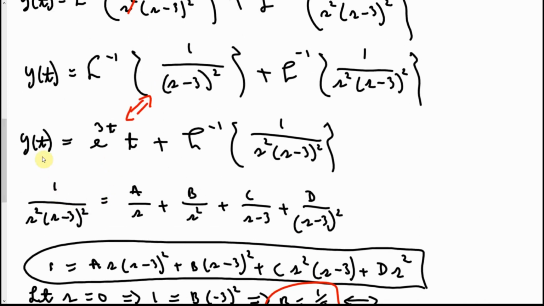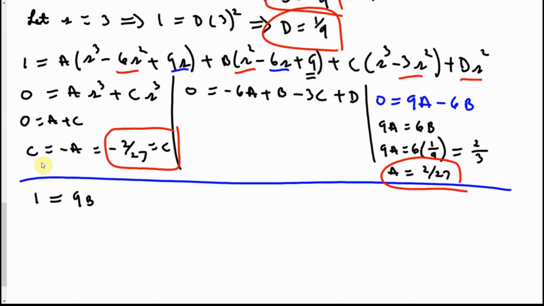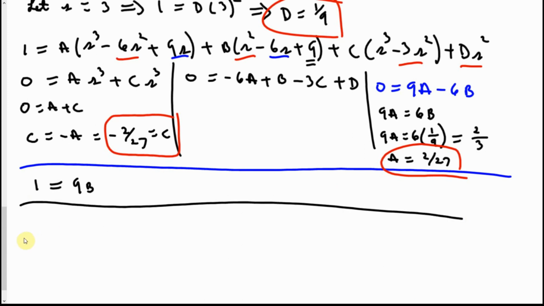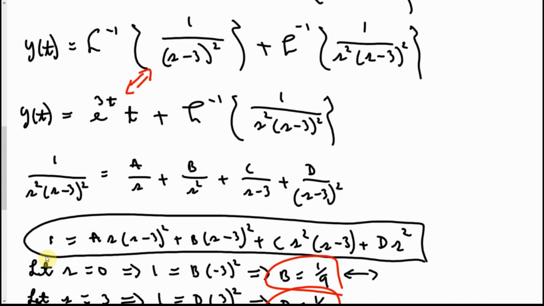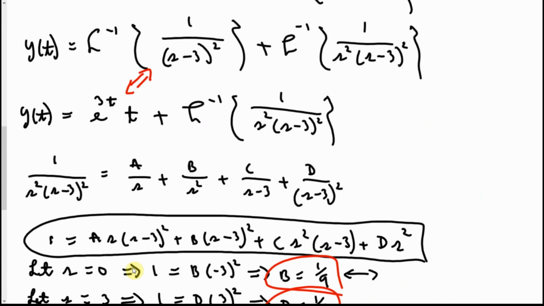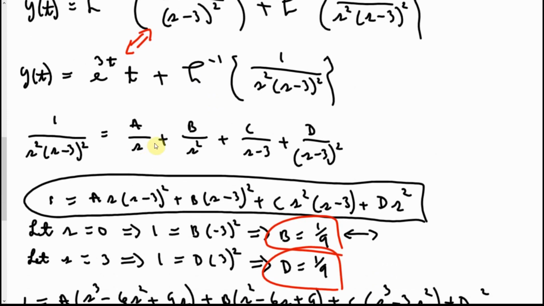We're looking at this y of t. So y of t is equal, that first part we already solved. That was e to the 3t times t. Then now it's plus all of this stuff that we broke up.